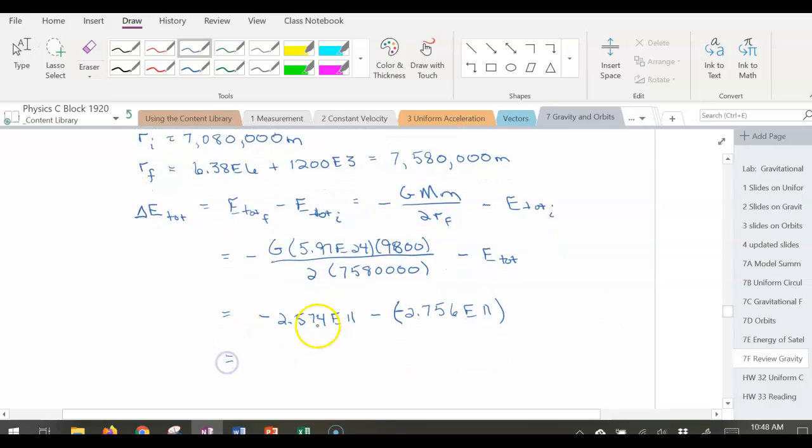So I have a negative number plus a larger number, because the minus gives me a plus. And so I find that it takes 1.818 times 10 to the 10th joules to move this satellite.